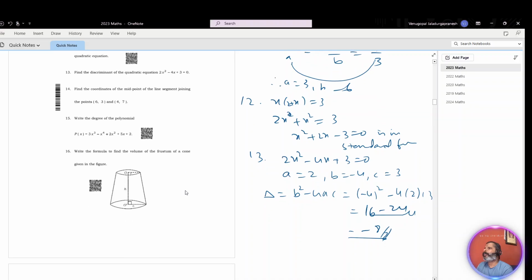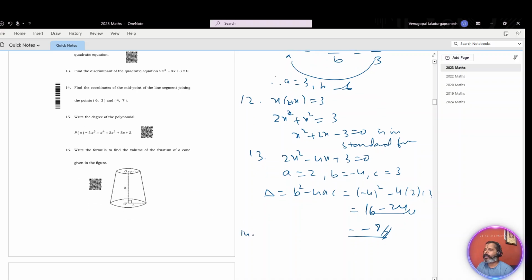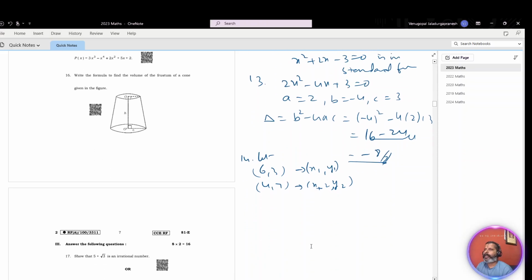Find the coordinates of the midpoint of the line joining the points. So we say let 6 comma 3 be x1 y1 and 4 comma 7 be x2 y2. Therefore, the midpoint formula is x1 plus x2 by 2, y1 plus y2 by 2.